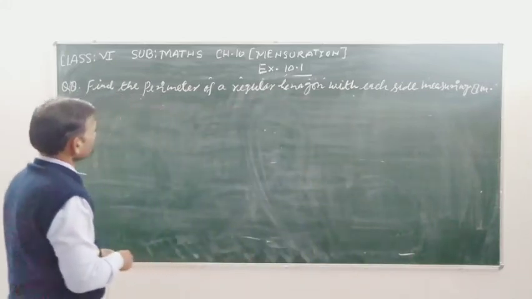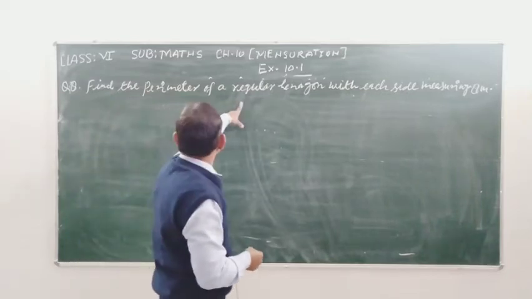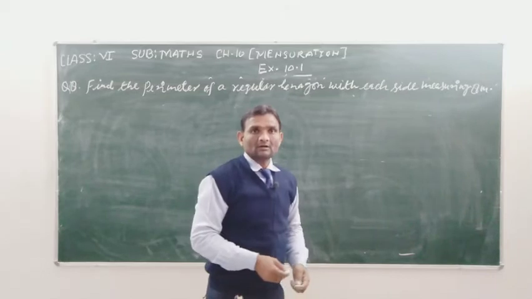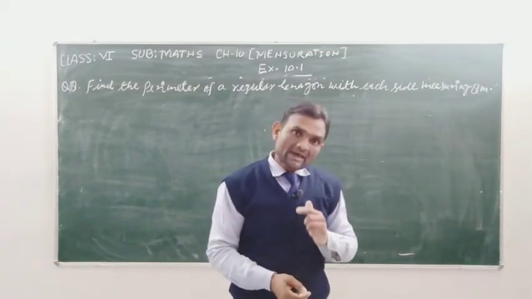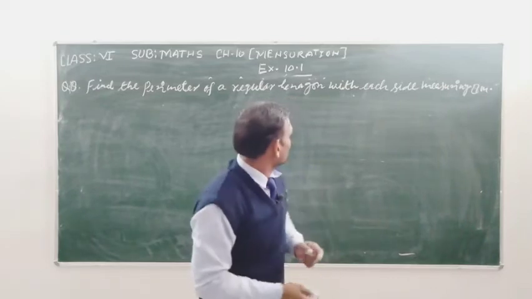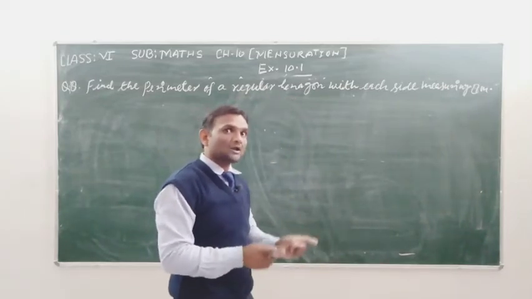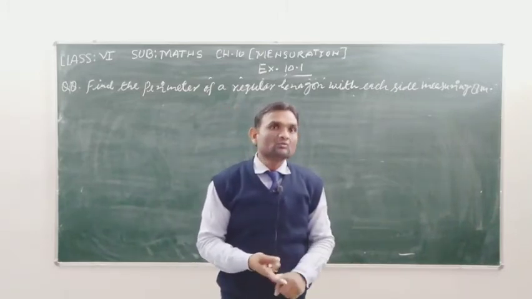So, student, that is a regular hexagon. Hexagon has 6 sides. And in a regular hexagon, all sides and all angles are equal, all sides in length and all angles in measure.